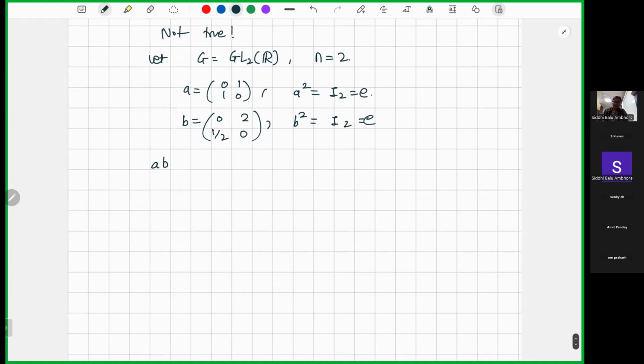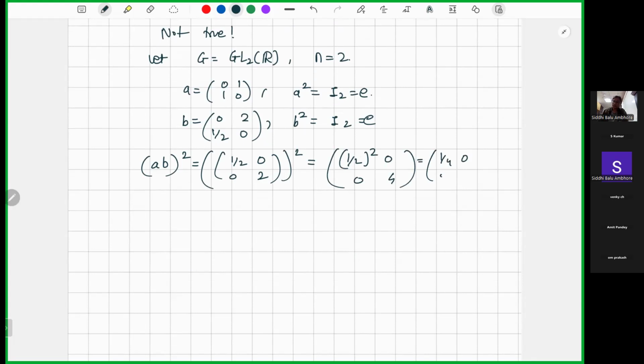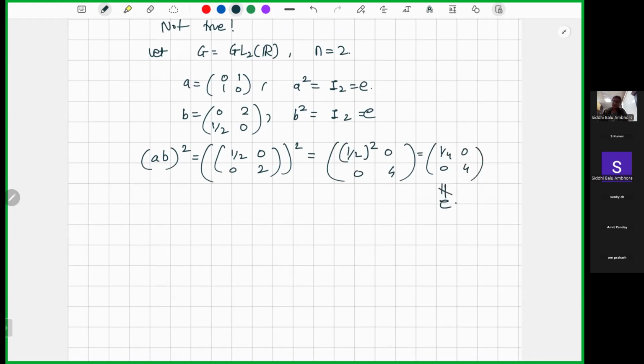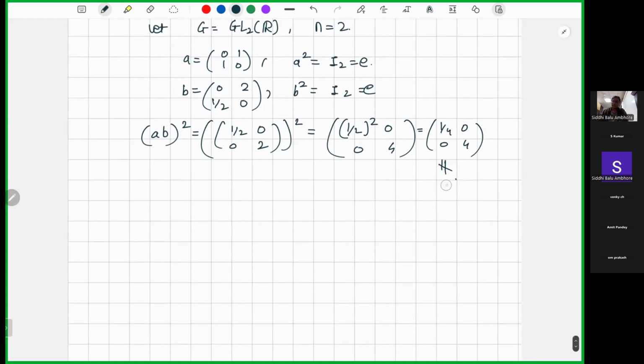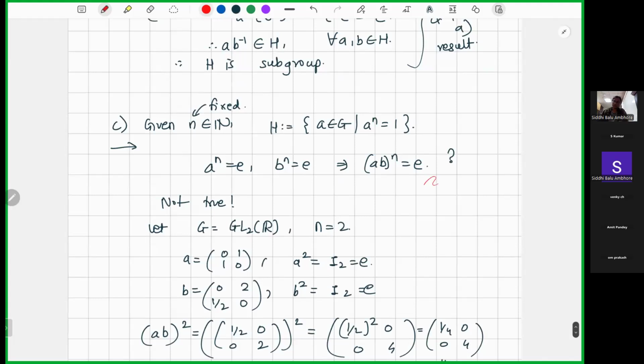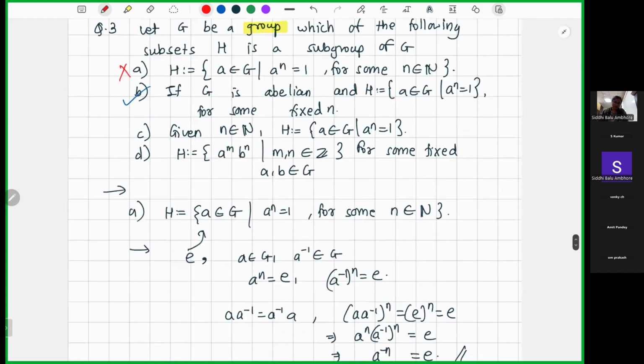But this AB square, if we try to find it, we know AB is 1 by 2, 0, 0, 2. So AB square is 1 by 2 square, 0, 0, 4. That is 1 by 4, 0, 0, 4. This is definitely not the identity. So therefore, this is again not a subgroup.